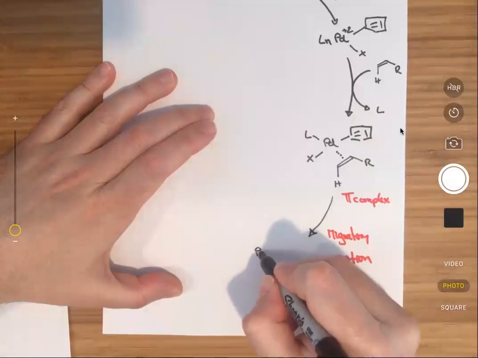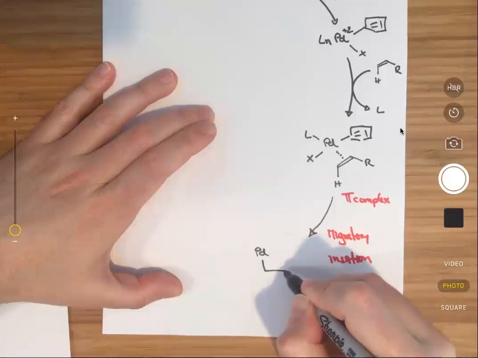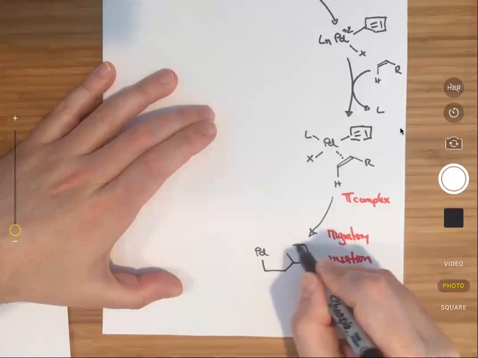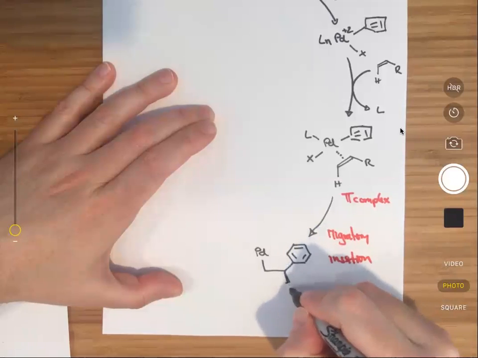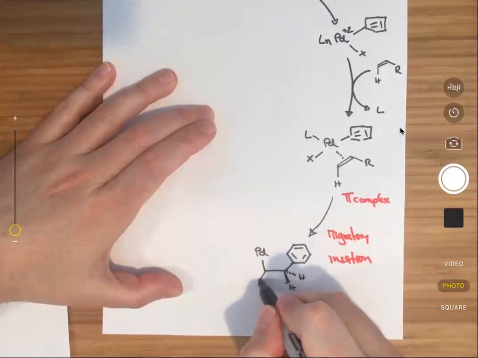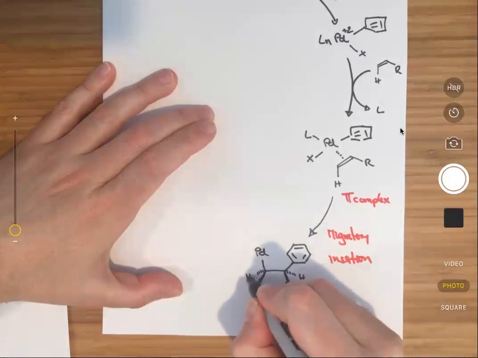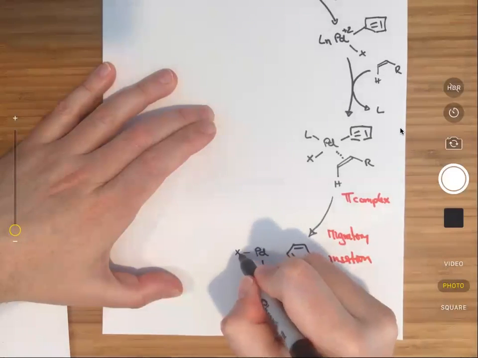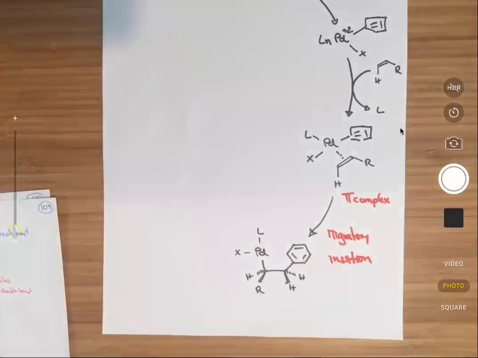Let's say palladium, and then you have the aryl group. And then you have the hydrogens here. And you have the residue R. And you have a hydrogen here. And then you still have, attached to the palladium, an X. And you still have a ligand L here, right?